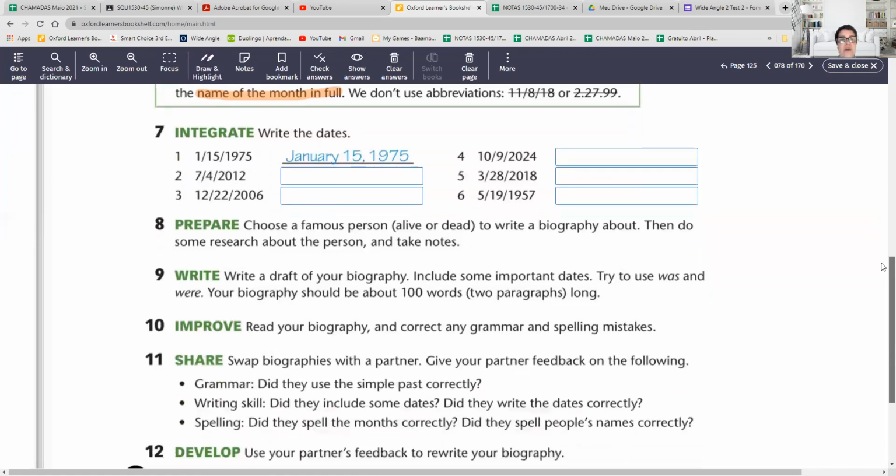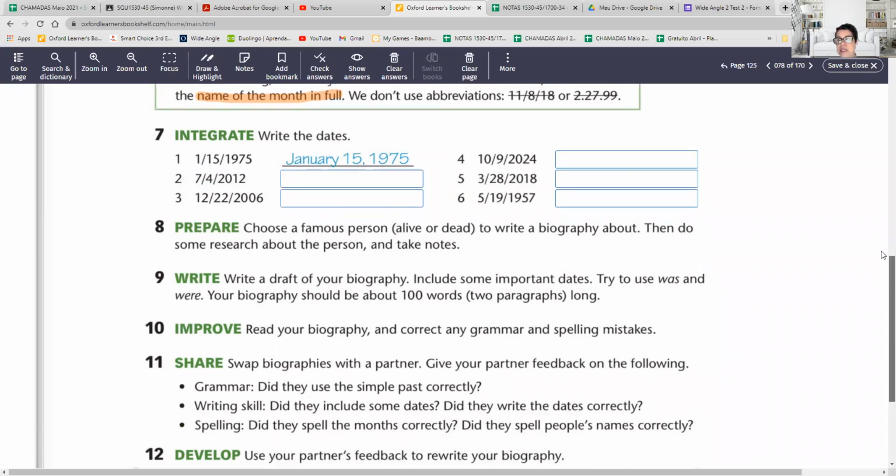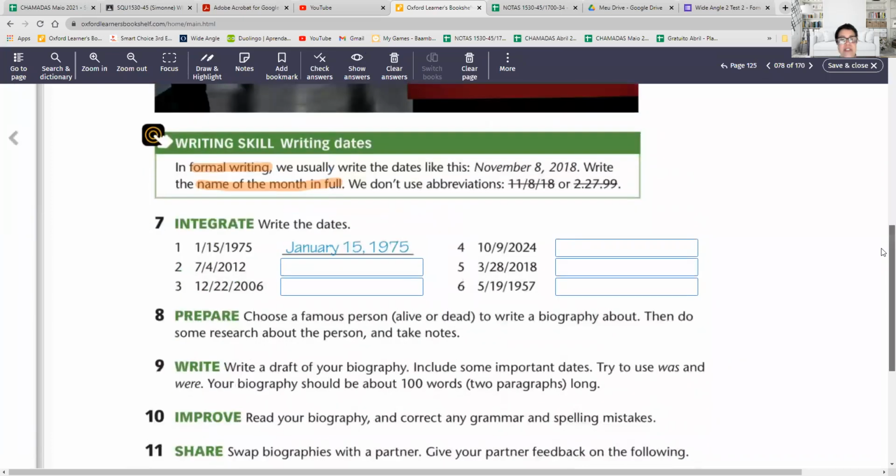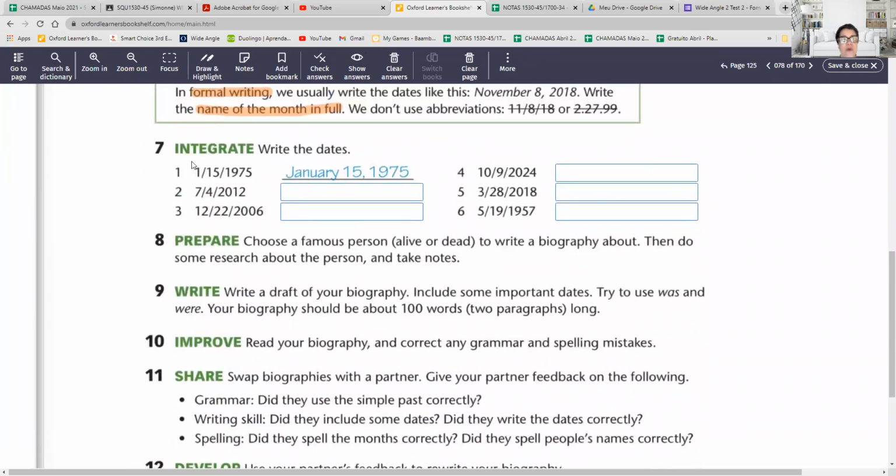So here we go. Write the dates. All of them should be written in formal writing. The first one, January 15, 1975.